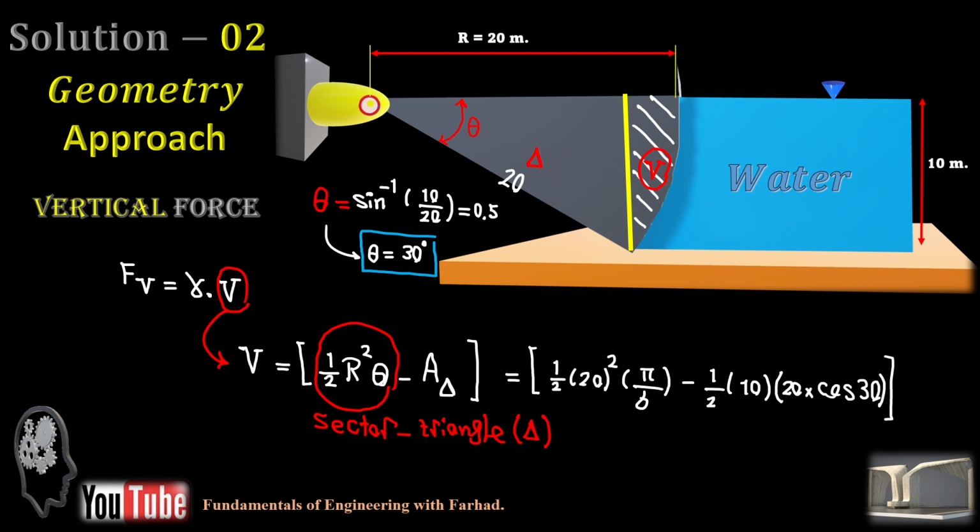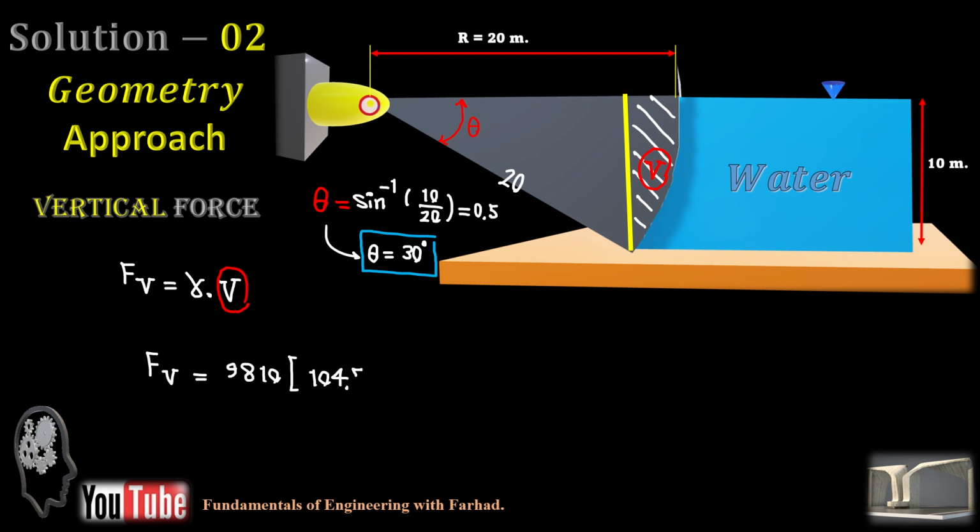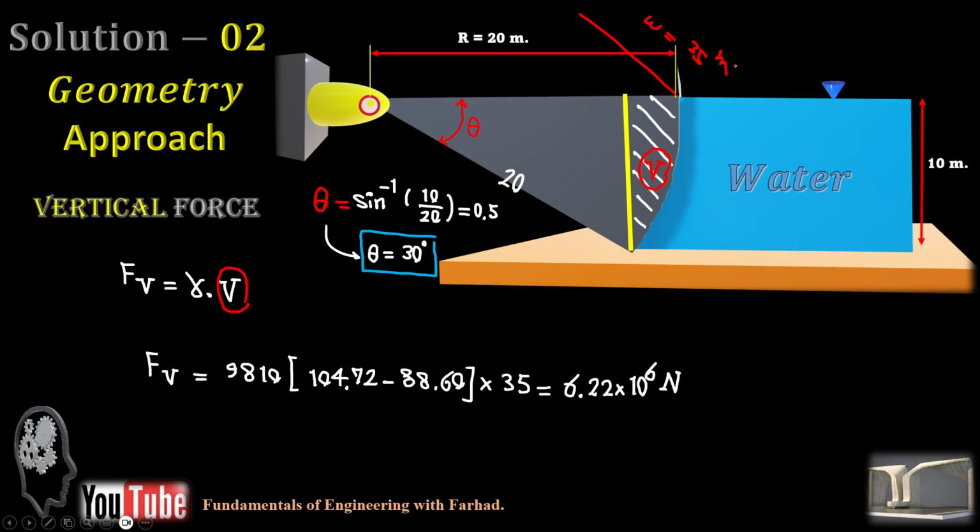That's 20 cosine 30. If you replace the numeric values for the volume and then replace it in the main equation, gamma times this volume, subtract the two areas from each other, then multiply by the width. Again, the width is equal to 35. Area times width gives us the volume.